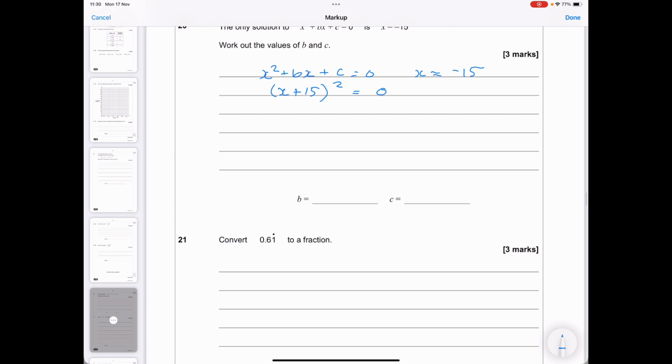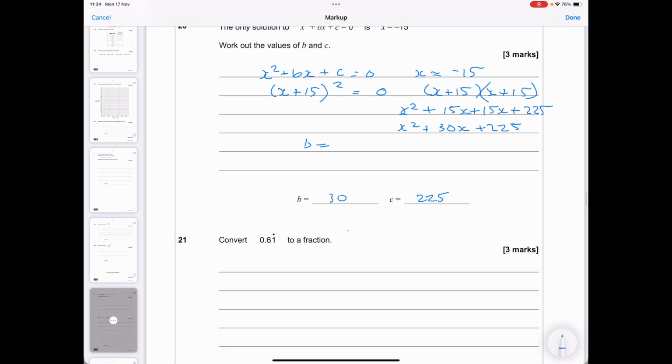So if we now times out x plus 15 times x plus 15, that will tell us what we're going to get. So we're going to get x squared plus 15x plus 15x plus 225. So that's x squared plus 30x plus 225, which means that b equals 30 and c equals 225.